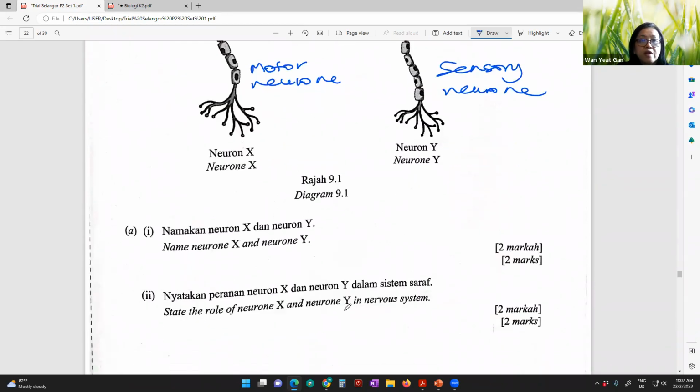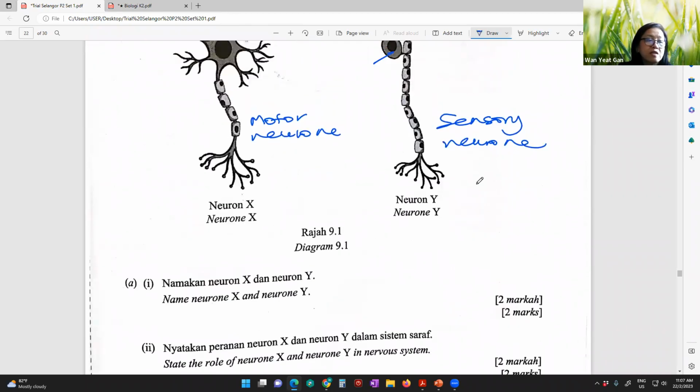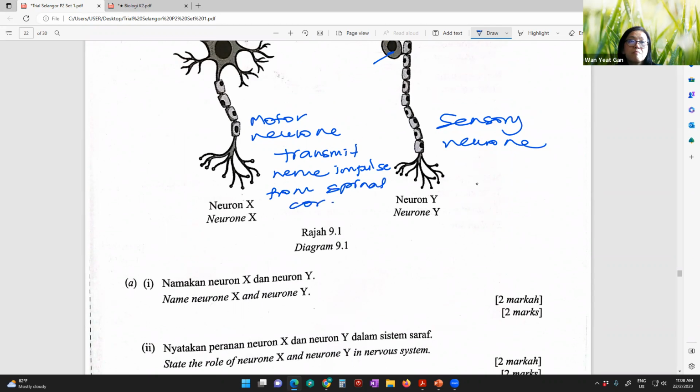State the role of neuron X and Y in the nervous system. So X, the motor neuron, is to transmit nerve impulse from spinal cord to the effector.